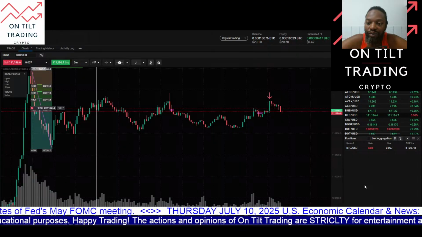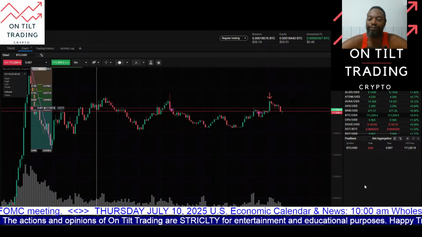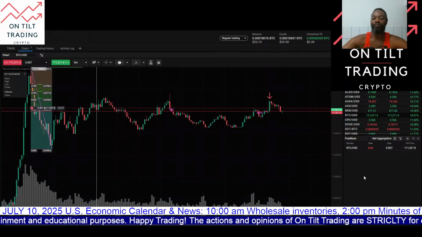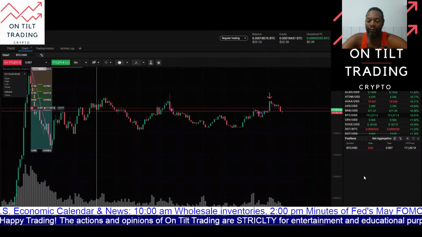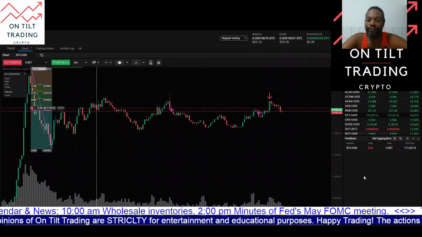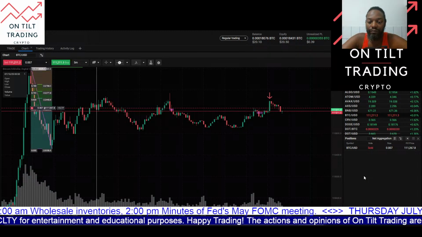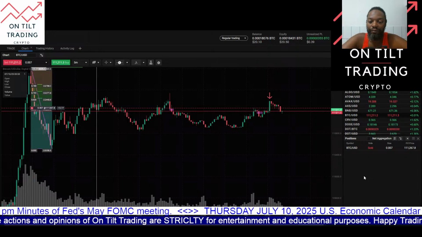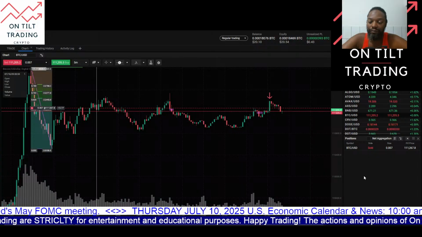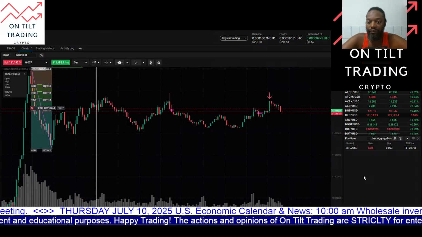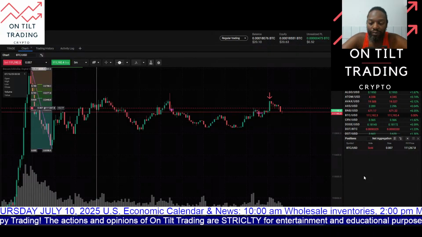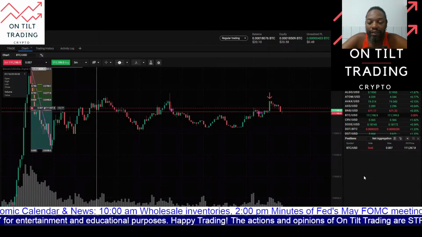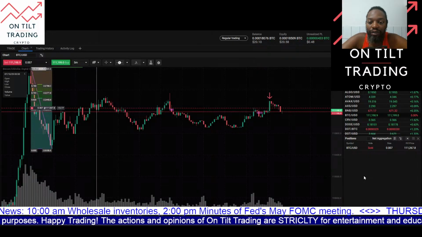Price trading back near the 111,200 level. So price reacted from selling through the swing low.